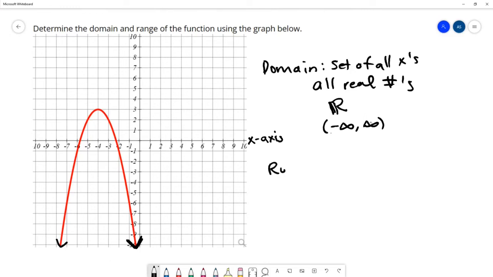And then we also want to find the range. The range is the set of all second coordinates or y's. And our y scale is this vertical scale. We call it the y-axis.